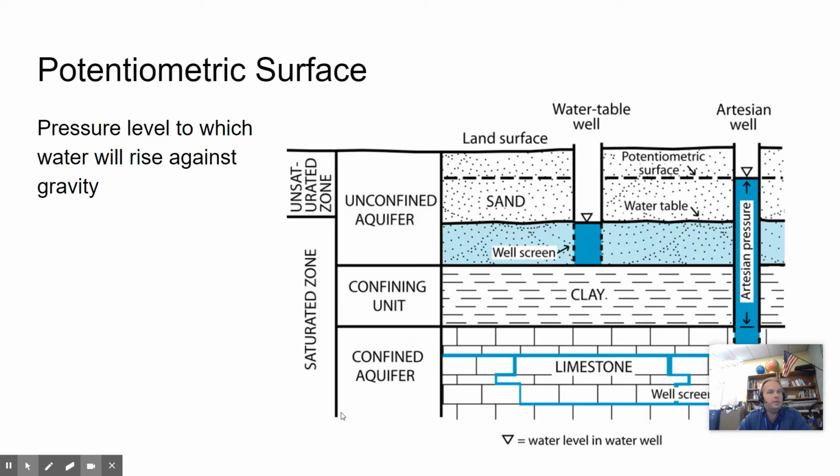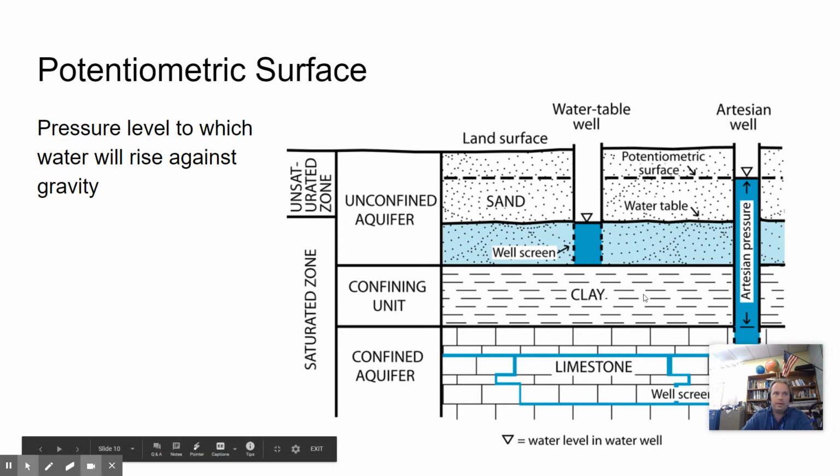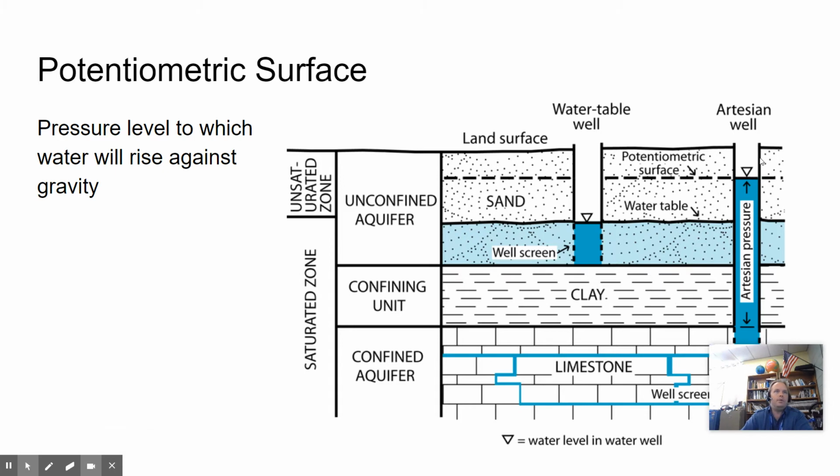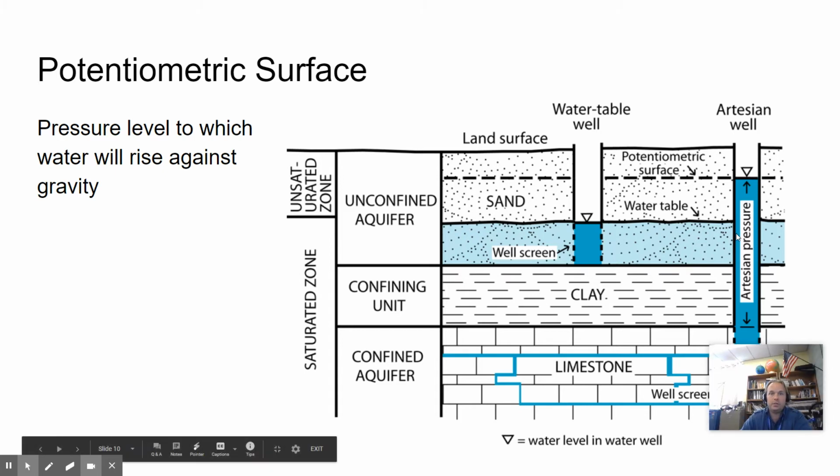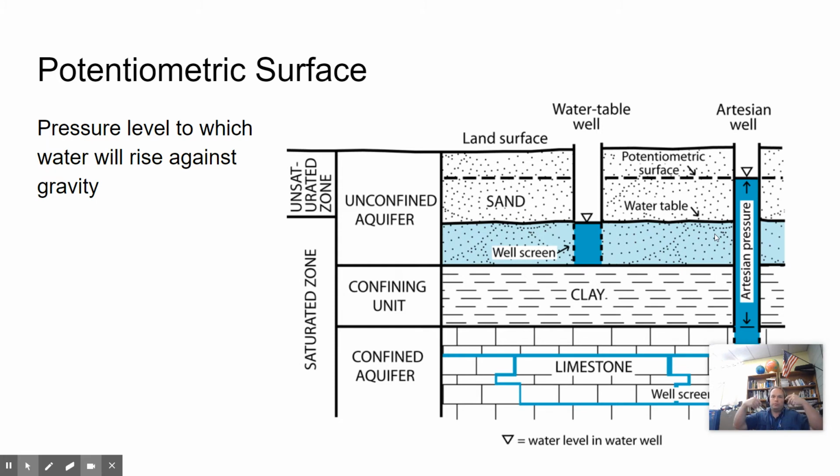Now, in a confined situation where you have a clay layer above the aquifer, we call that a confined aquifer. You can still drill a well in there. We call that an artesian well. An artesian well is a well where the water will rise up under its own pressure, essentially, to what's called the potentiometric surface, which would be the water table without the confining layer, is how you might think about it.